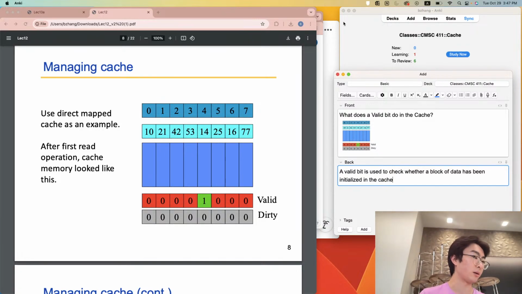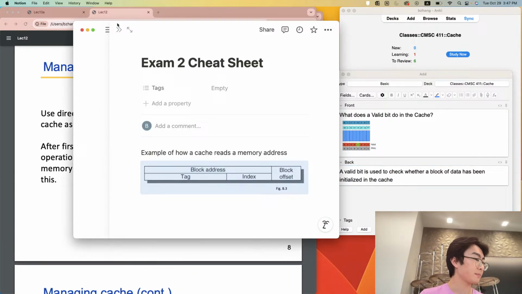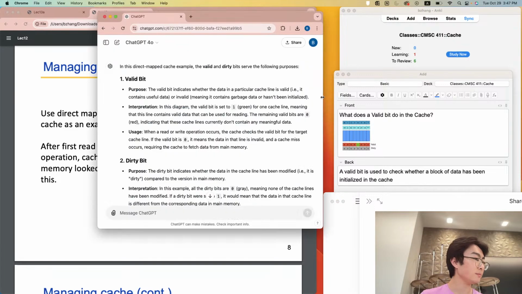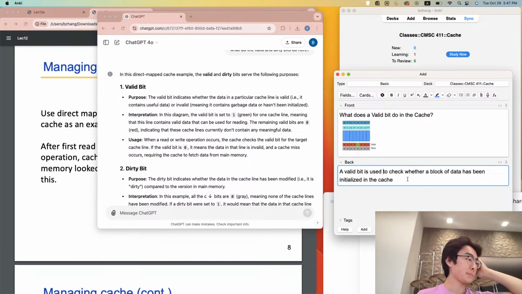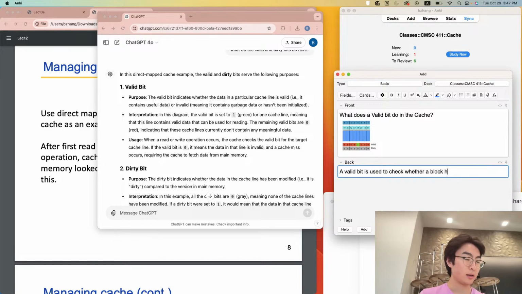I think that's probably the right way to put it. Has useful data.